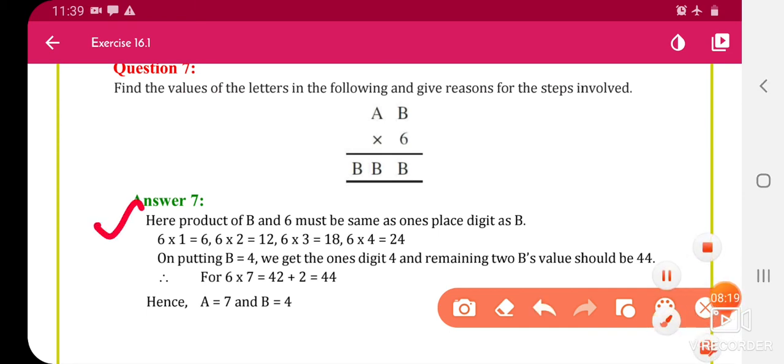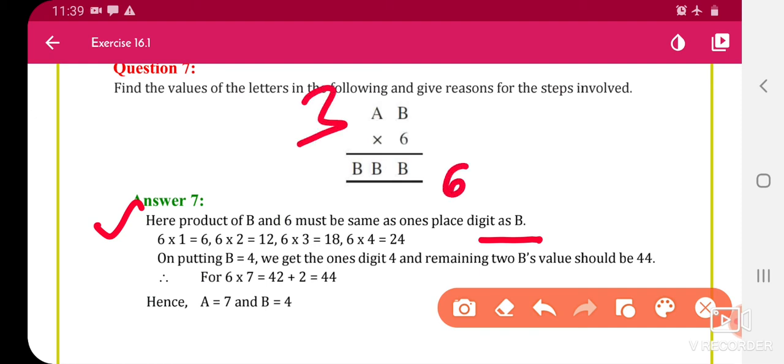So here the product of B and 6 must be the same once-digit B. Okay, so if we put 6, 6 sixes are 36, carry 3 will come. But here when the answer comes, the value of A should be such that B comes again, so that will not happen. Therefore we have to take 6 ones are 6, twos are 12, threes are 18 and fours are 24.